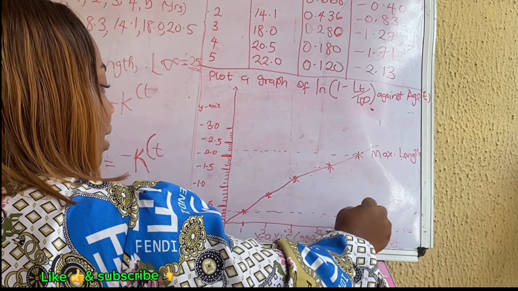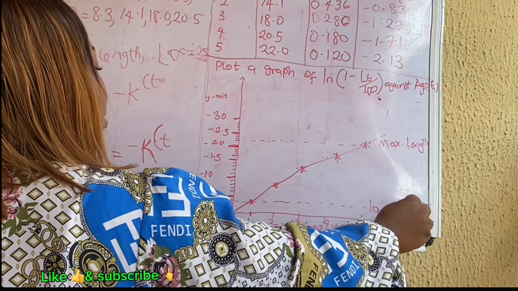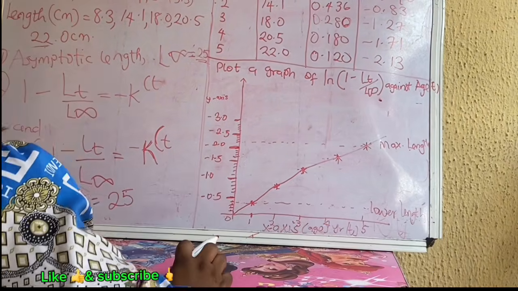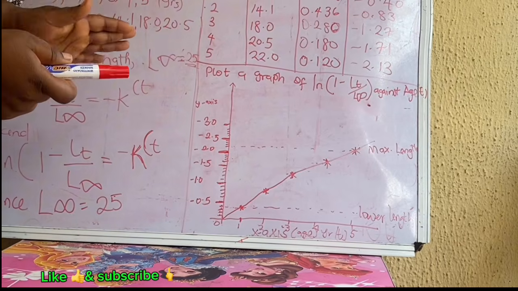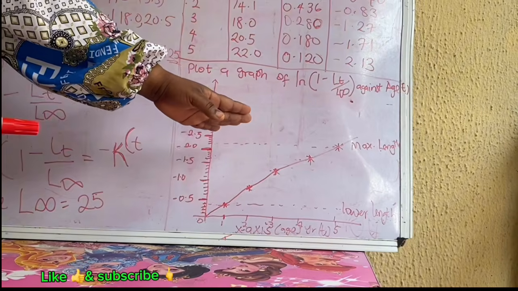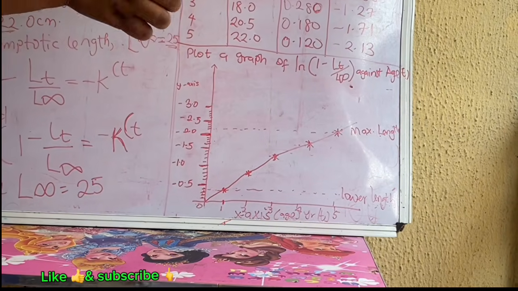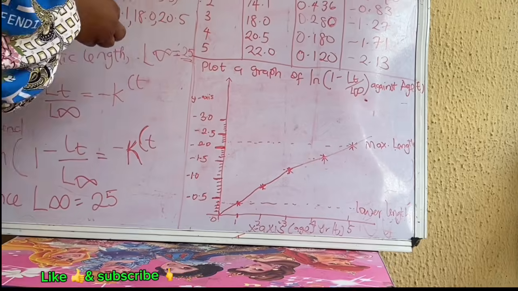So that is that for you to be able to get your length in a linear form. So we are not done. We are going to calculate the K, this k factor.